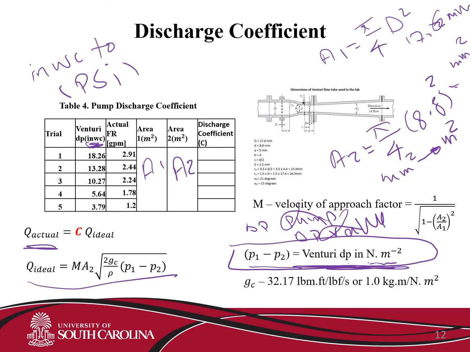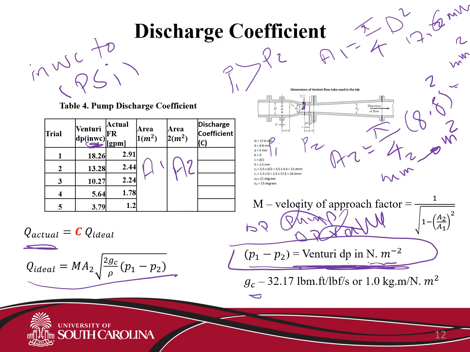The Venturi tube changes the cross-sectional area. When we have a small area here, the pressure drops. If we have P1 here and this is P2, P1 is always more than P2. A high velocity comes with a pressure drop here, and where the area is larger, the pressure drop is less.